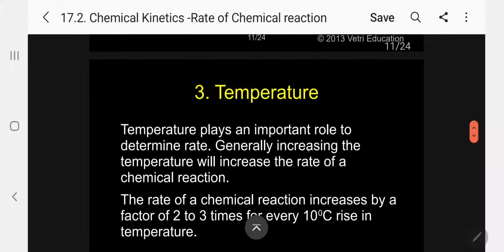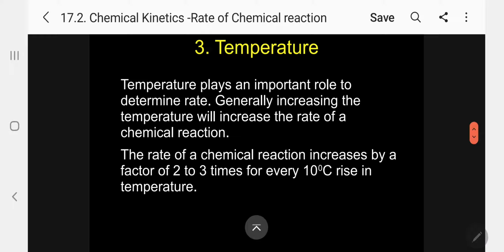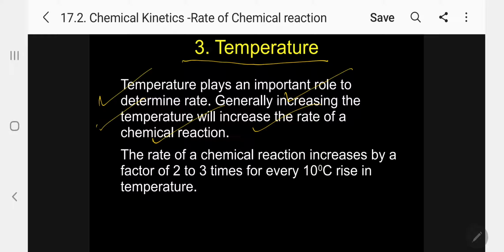Please follow. The third important factor is temperature. Temperature plays an important role in determining the rate of a reaction. Generally, increasing the temperature will increase the rate of a chemical reaction. The rate of a chemical reaction increases by a factor of 2 to 3 times for every 10 degree rise in temperature.